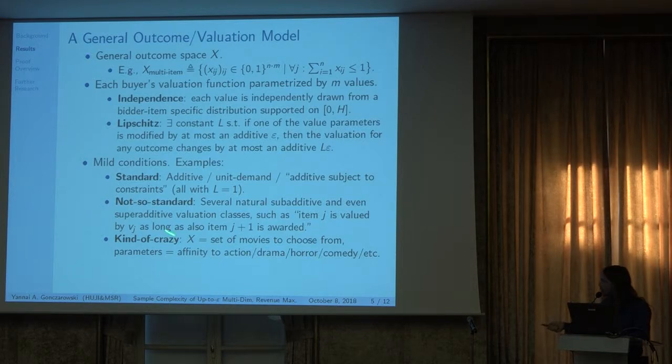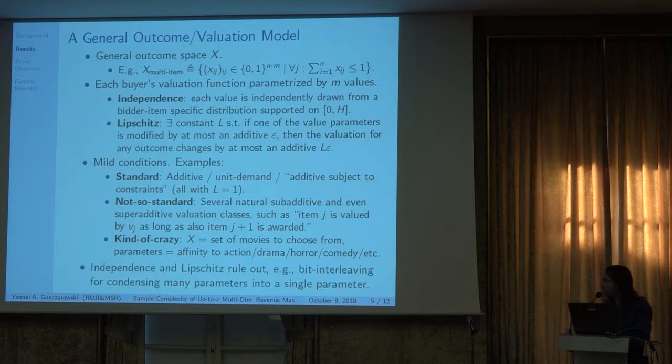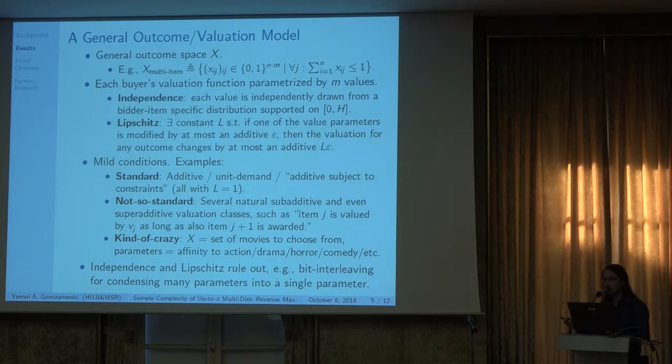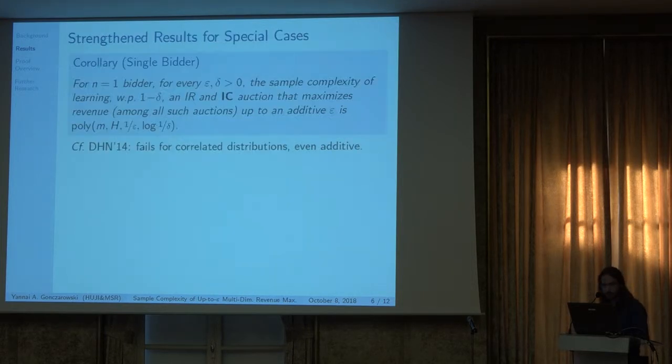You can see how this is also continuous in this, so we can do this also without a problem. And note that independence and Lipschitz really should be here, because without Lipschitz, we cannot rule out some nasty standard tricks like bit interleaving to condense many parameters into a single parameter. We need some kind of continuity to really have a meaning for the number of parameters.